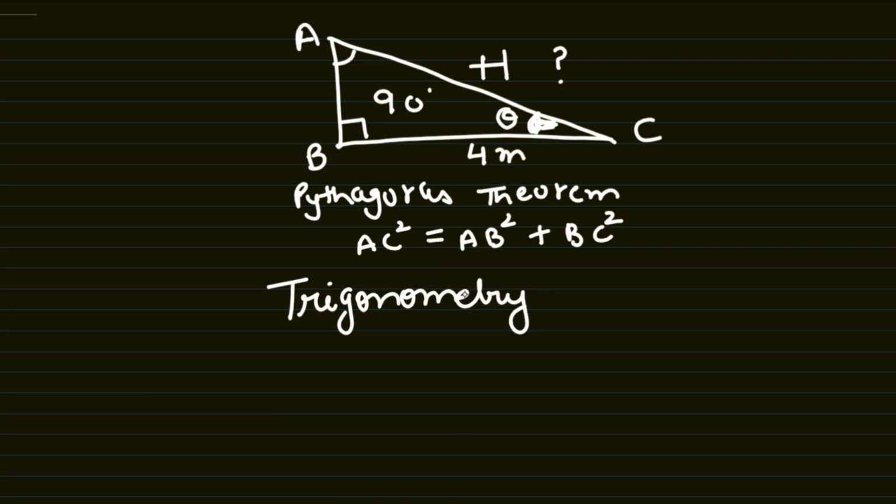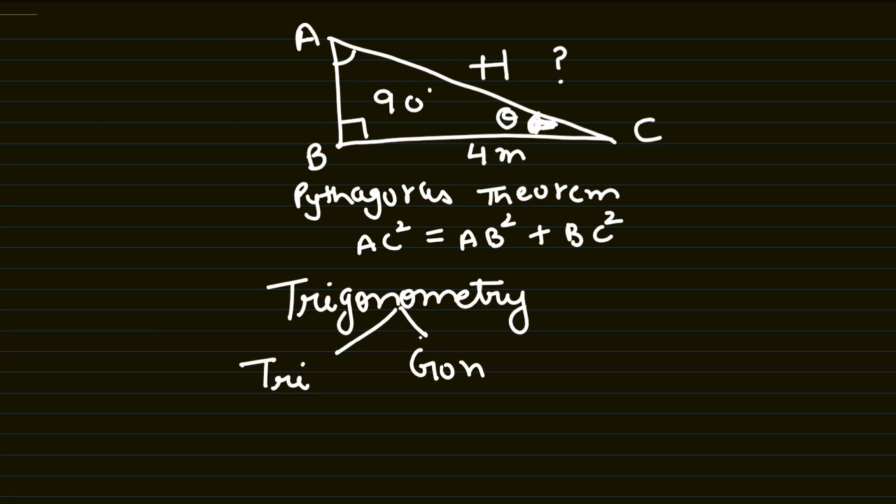The concept of trigonometry is used for a right angle triangle and it tells us the relationship between the sides of the right angle triangle when the acute angles are given, or you can say it gives you the relation between the acute angle of a right angle triangle and the sides of that right angle triangle. Trigonometry came from three Greek words.